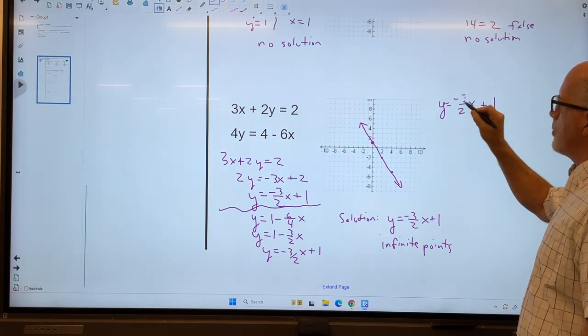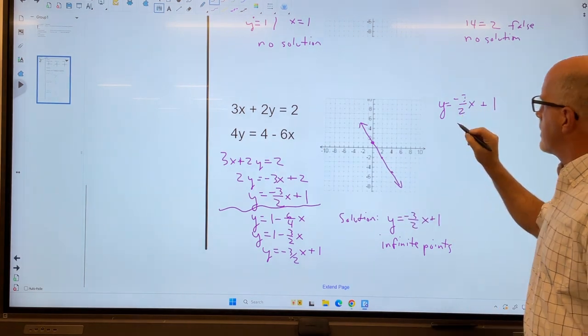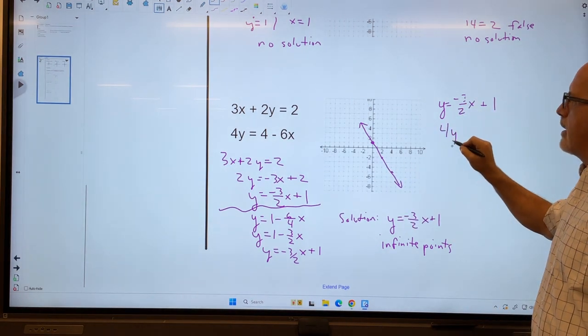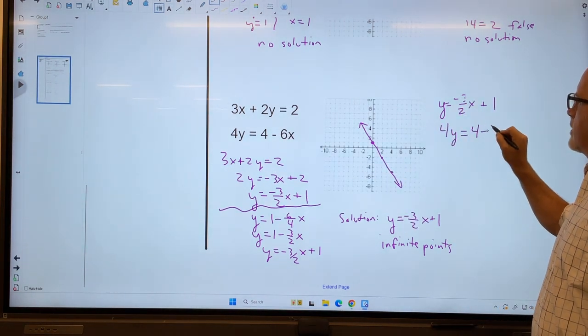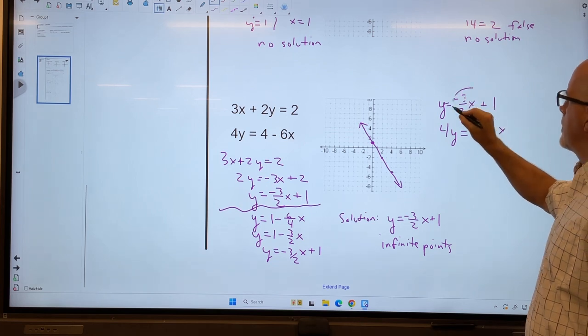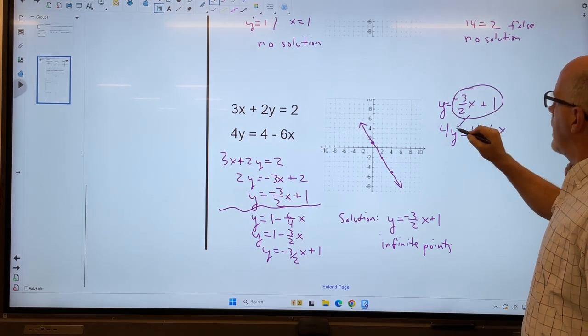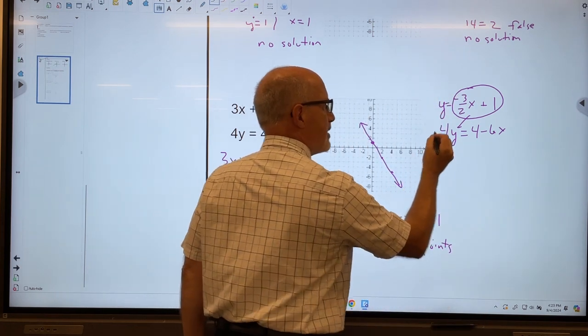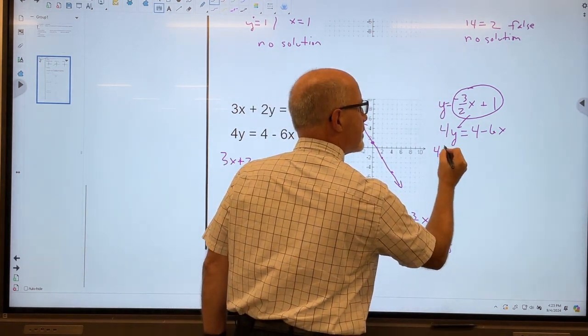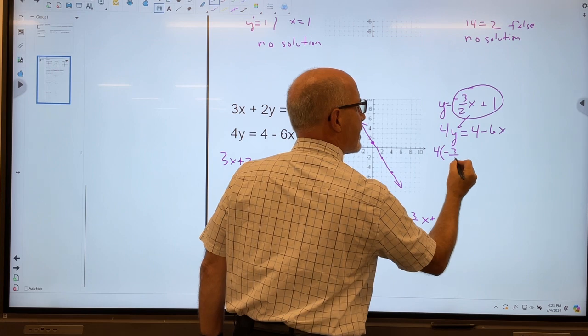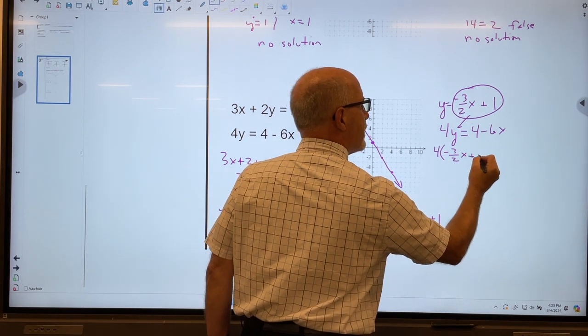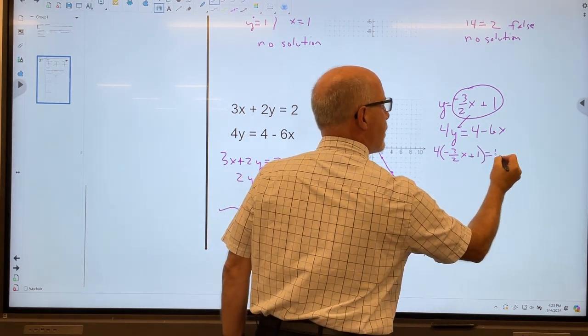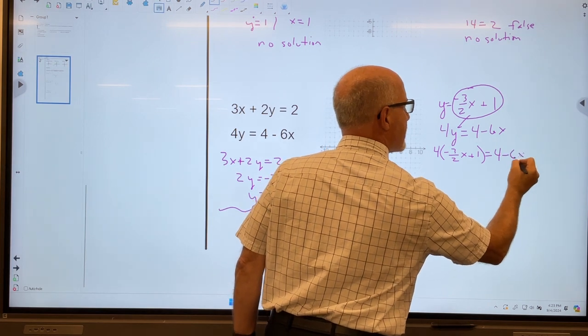I'm going to substitute it into the second equation. I'm going to list it that way. So 4y equals 4 minus 6x. Let's substitute this in for y there. So what I get is 4 times negative 3 halves x plus 1 equals 4 minus 6x.